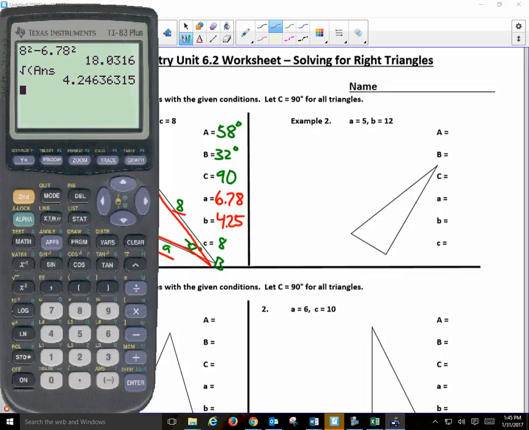These ones are different. We got angle C, which is a 90-degree angle. So A is 5, B is 12. So we got B and we got A. What's different about this problem? Hey, you're not given an angle.